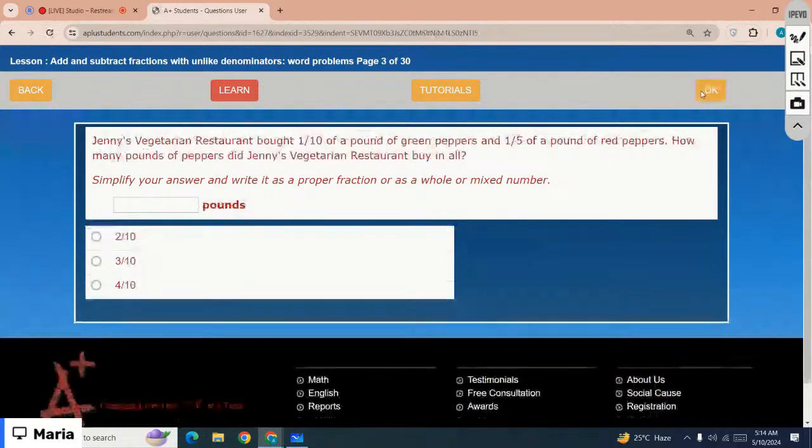Jenny's vegetarian restaurant bought 1/10 of a pound of green peppers and 1/5 of a pound of red peppers. How many pounds of pepper did Jenny's vegetarian restaurant buy in all?